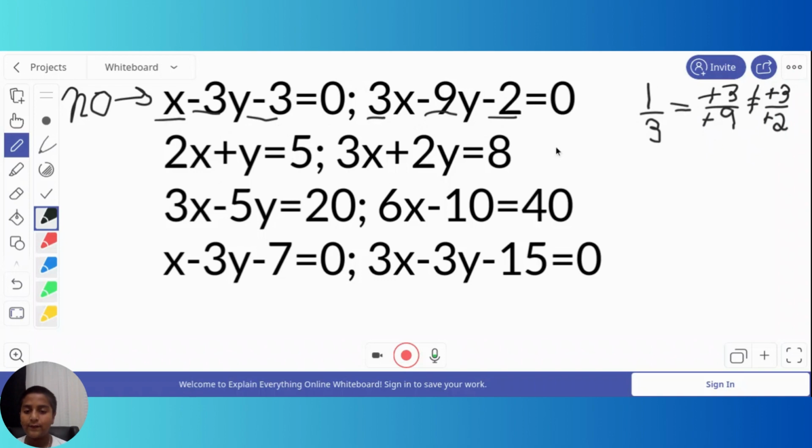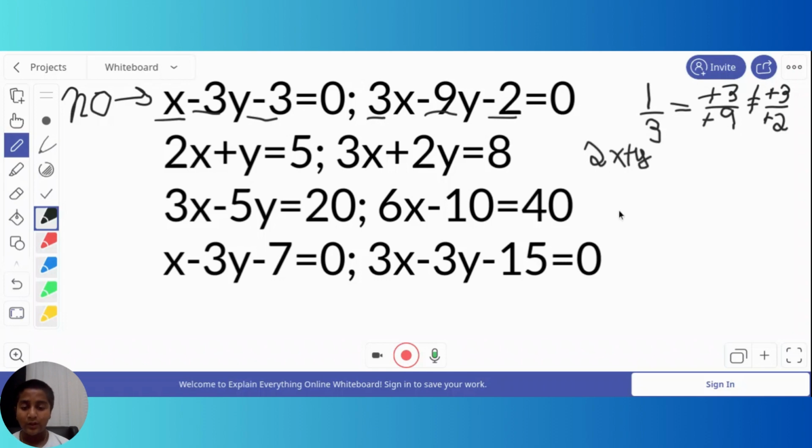Now let's verify the second one. What I like about the second one is that it has no C value, which I discussed in the beginning of the video too. So that's 2x plus y.